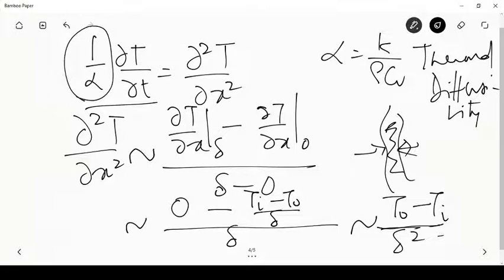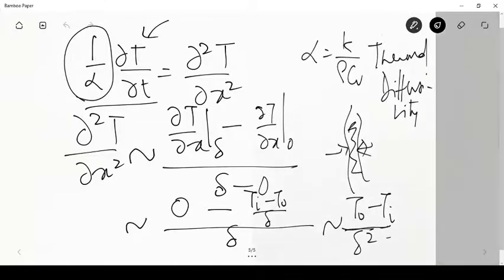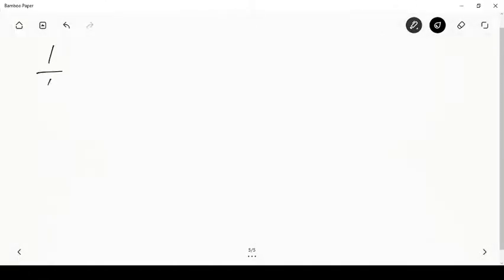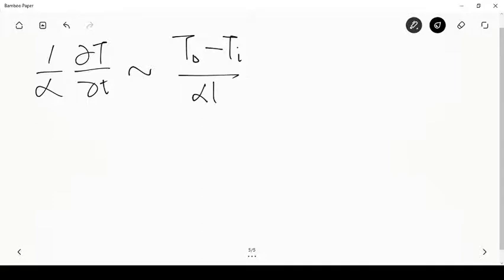But if I say it's T naught at time t and Ti at the initial time, then del T by del t will be equal to T naught minus Ti divided by the time. Okay, so we'll get 1 by alpha del T by del t, which is the left hand side, is of the order of T naught minus Ti divided by alpha t. Okay, so this T naught is the order of the temperature at time t. Ti is the order of the temperature at time 0, divided by t minus 0, multiplied with this alpha.